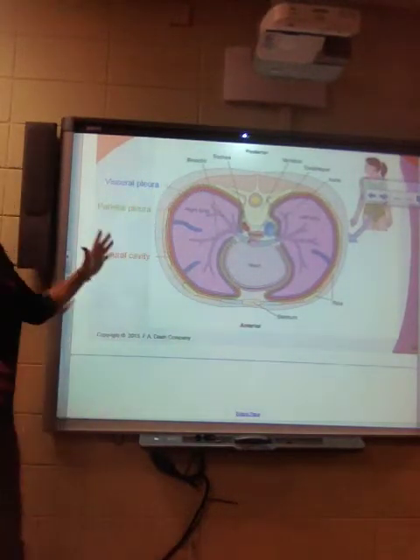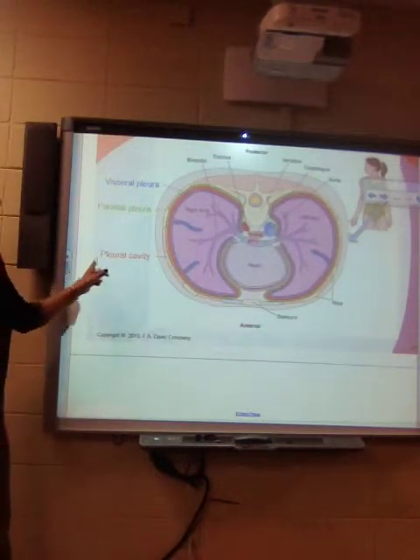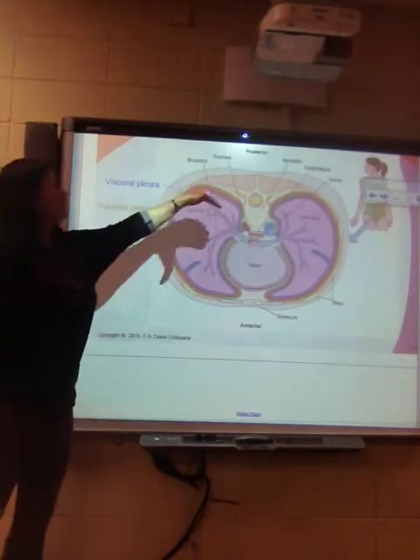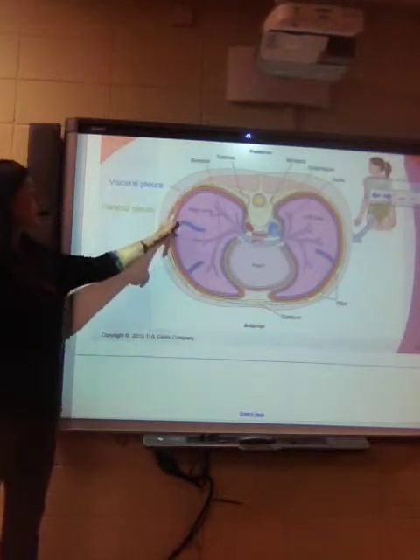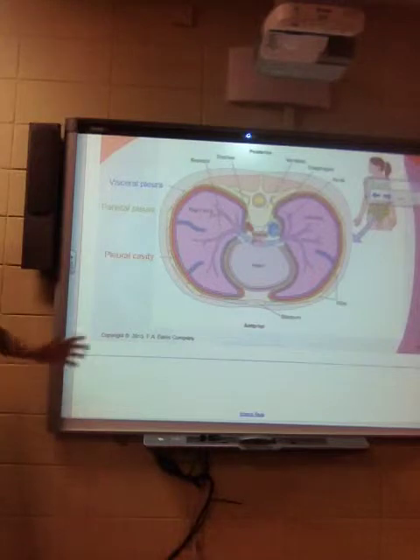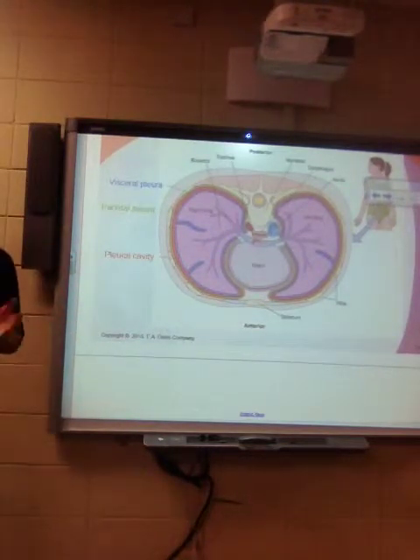Lining the inside of that chest cavity or that thoracic cavity would be your parietal pleura. So parietal pleura is out here. The pleural cavity is just the space in between, colored in red. So visceral pleura, slap right on the lungs. Parietal pleura is outside, lining that cavity.